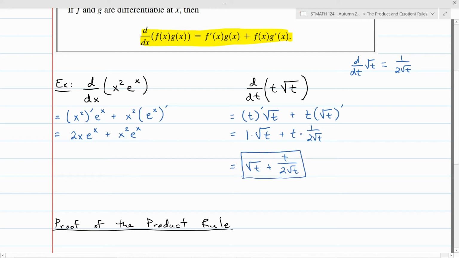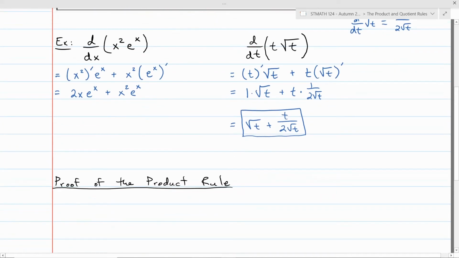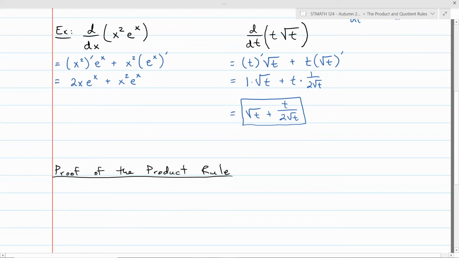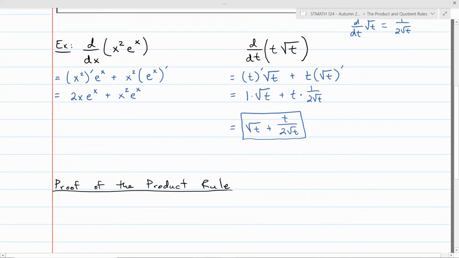You may have been taught in some previous class that it's basically illegal to leave square roots in the denominator, but actually that's just not true. It's perfectly okay. I have never once been arrested for leaving a radical in the denominator. Don't worry about that. There are some historical reasons why people didn't want to leave radicals in the denominator. You know, something like 1 over square root of 2.